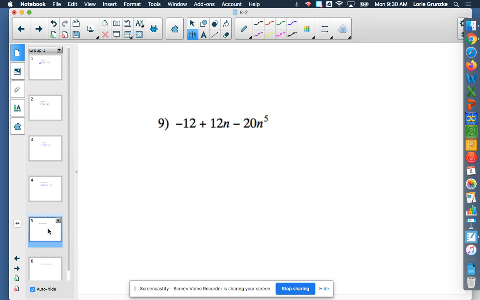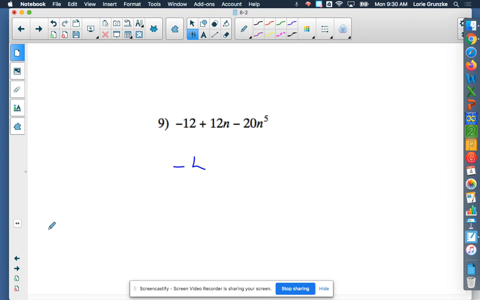Okay, I'm hoping you saw that you could take 4. Technically we'd like to take a negative, so I'm just gonna do this one for you. If you take a negative 4 out of 12, you'd have a 3 left. If you take a negative 4 out of that one, you'd have a negative 3n. If you took a negative 4 out of this thing, you'd have a positive 5n to the 5th.